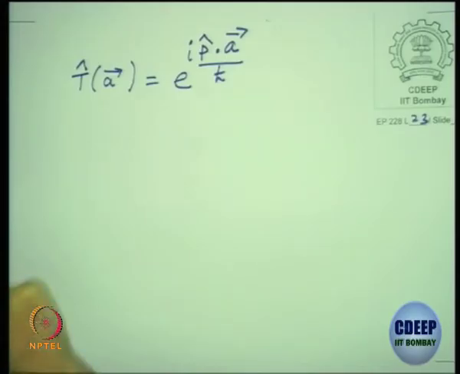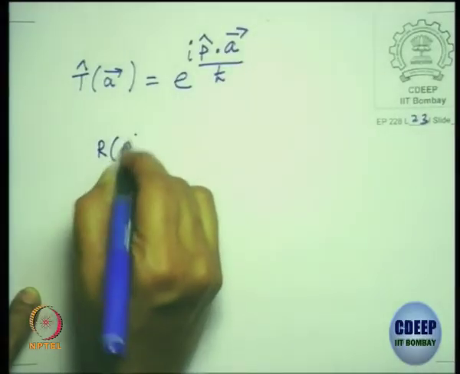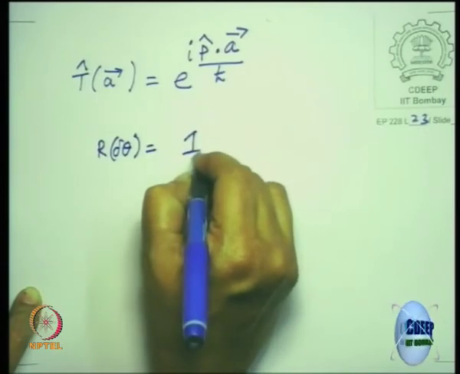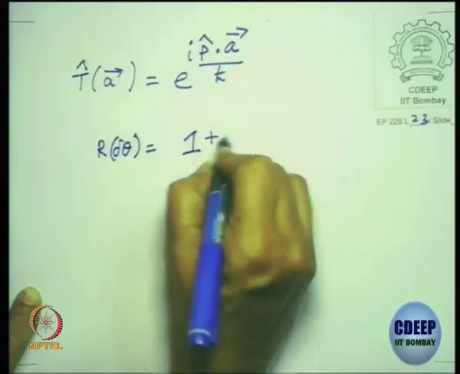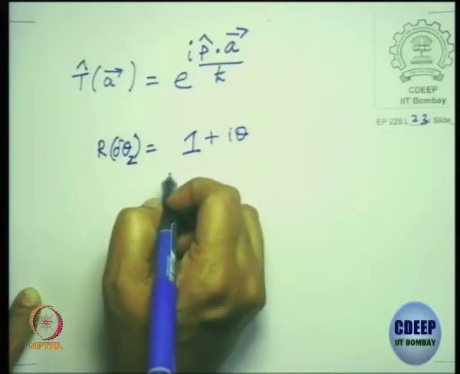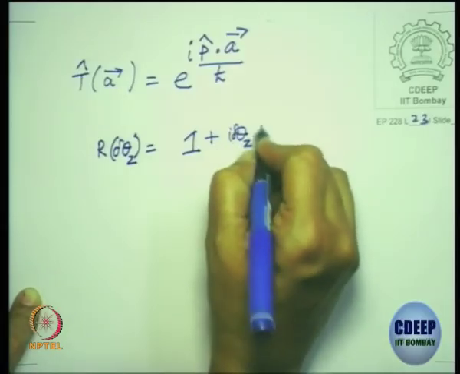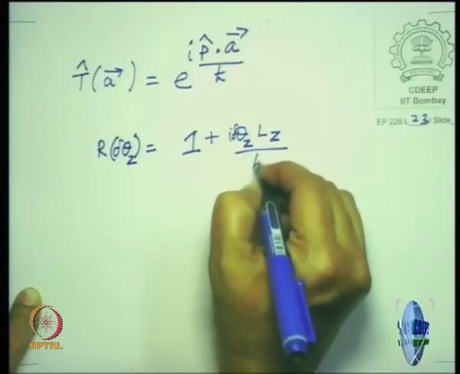What did we do for the rotation operator? For a delta theta that was very small, it was 1 minus i theta or plus i theta, and let's do it along the z direction, I said. Then what did we have? Lz by h cross.